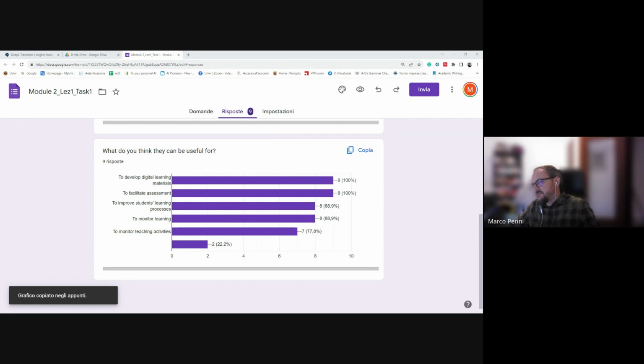So we can conclude that technologies are not something that waste the learning processes, but at the same time are not the game changer, if you know what I mean. So educational technologies are not enough to guarantee the learning achievement of the students.